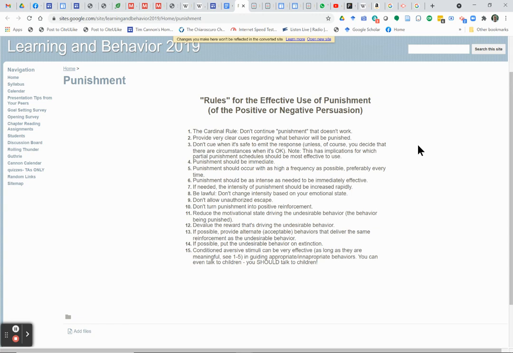Society and families, as Skinner believed, are not very good at setting up contingencies, but we should use evidence-based methods to deal with behavior. And we can't effectively punish, we can't punish every time.